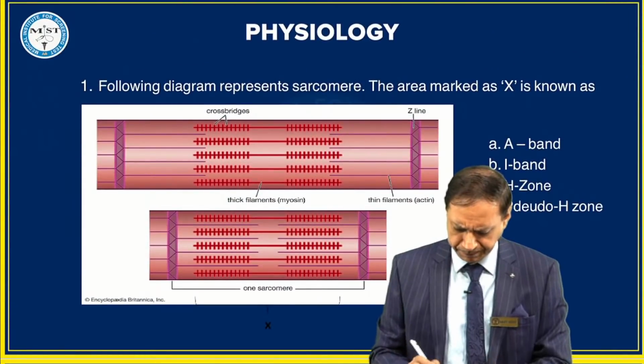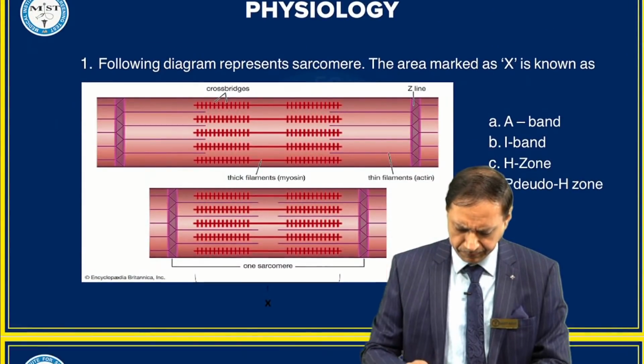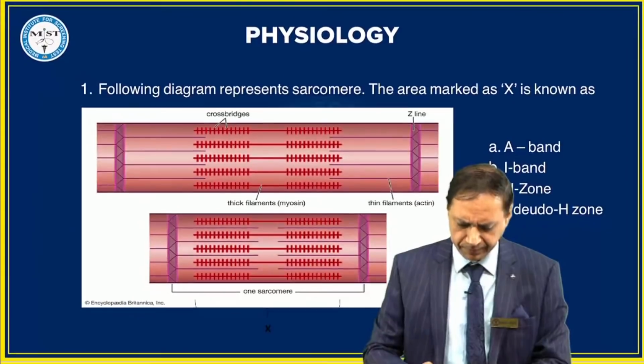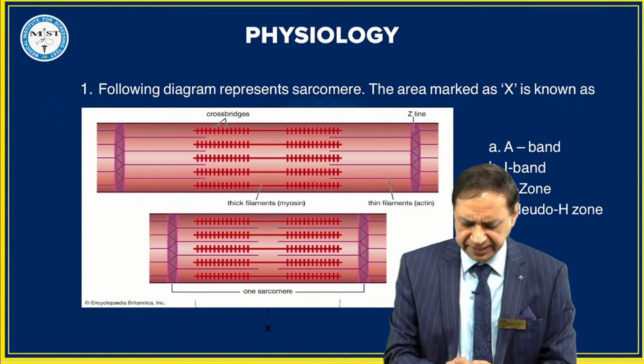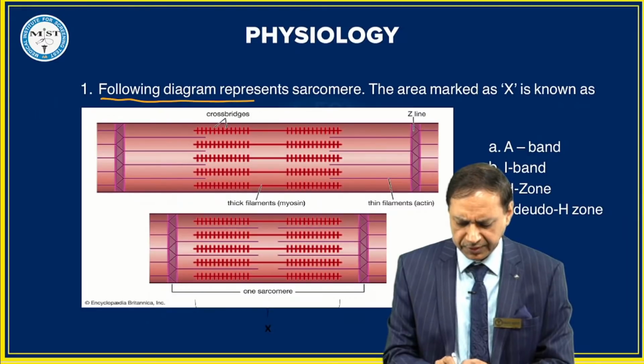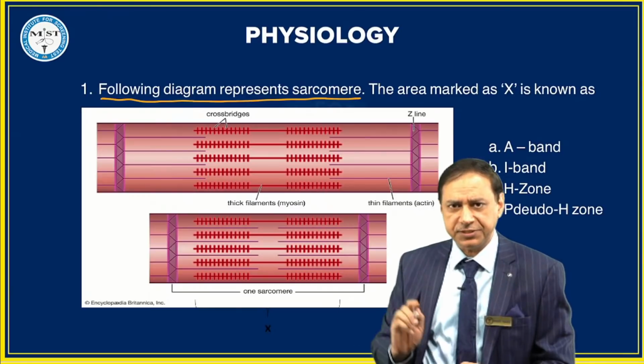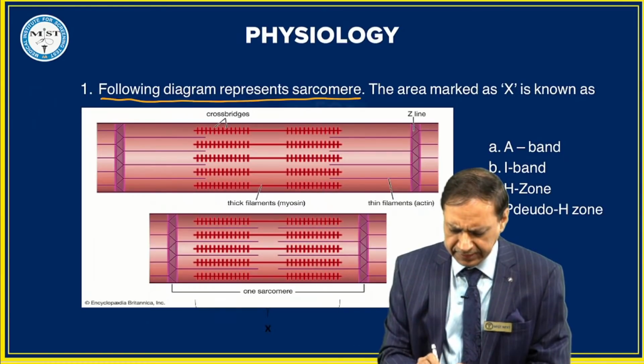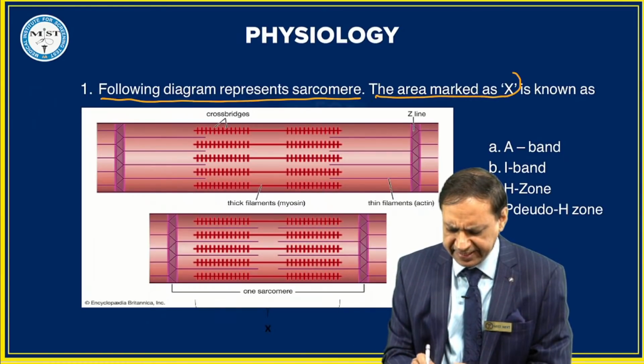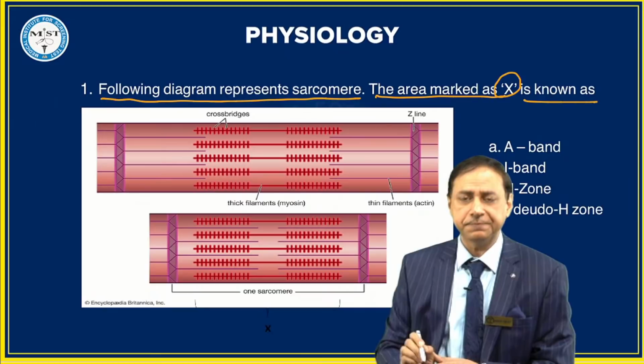Just see this question. In the following diagram, it represents the sarcomere. The area marked as X, what is this known as?